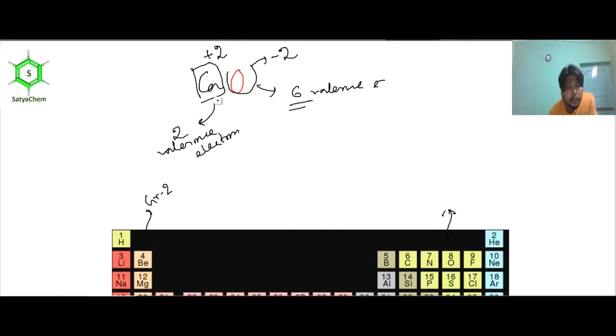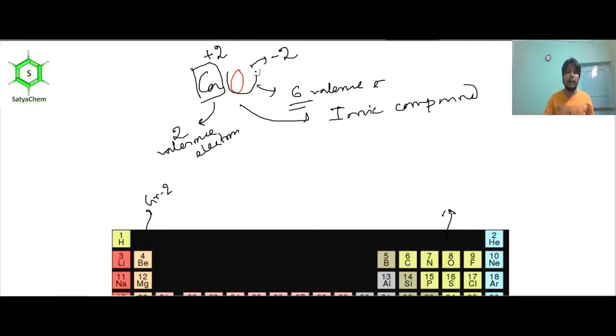It is known to us that calcium oxide is an ionic compound. That is why I put +2 charge on calcium and -2 charge on oxygen atom.